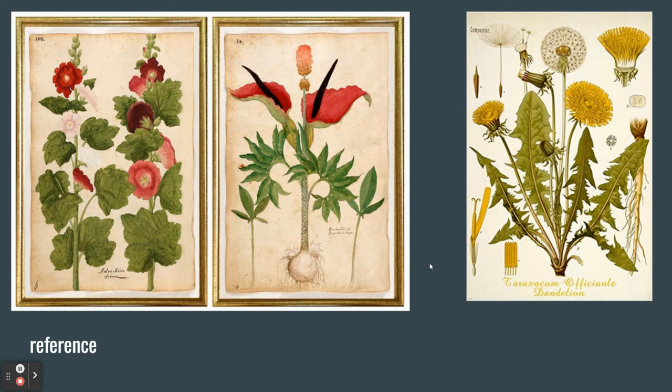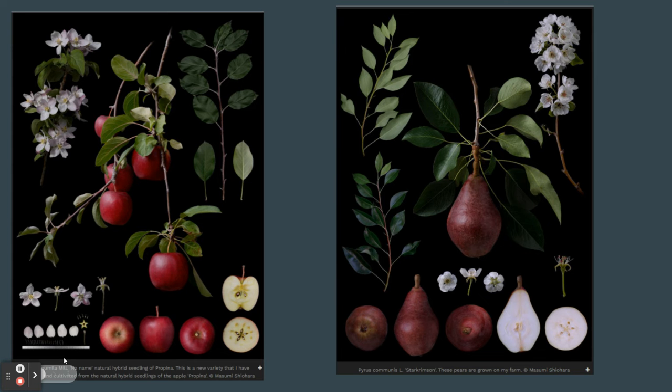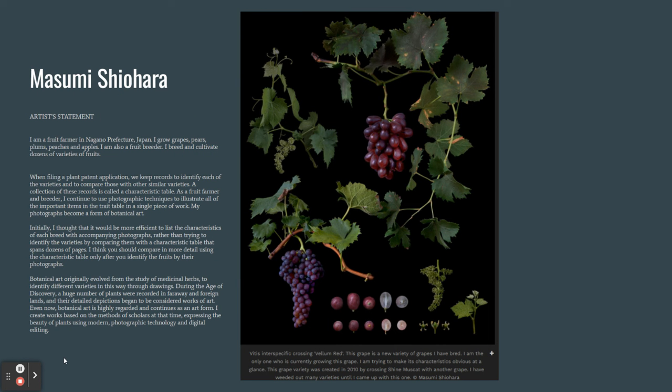If we look at historical references, we can see that for the past 100, 200 years, people doing botanical documentation for biology would be looking at the different parts of the dandelion. We see the different stages of the dandelion, the different parts. So the fact that this photographer does the same thing but photographically is really beautiful because it's referencing the history of botany and the scientific aspects of it.